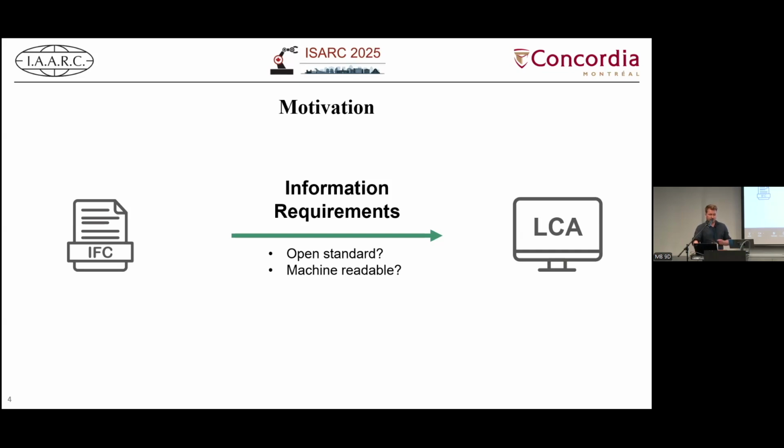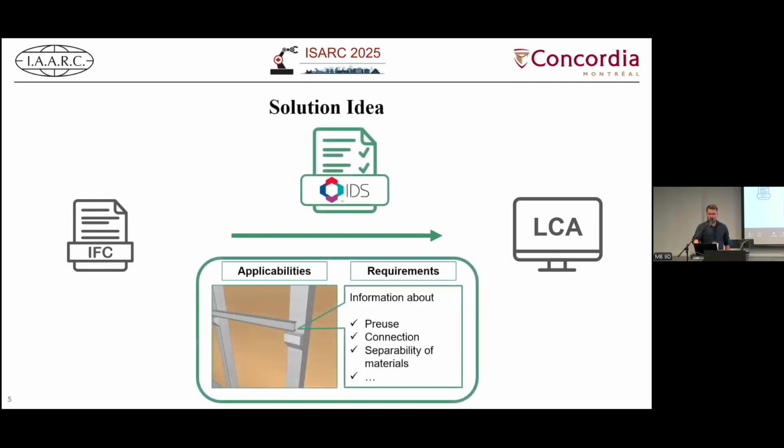And these information requirements should be in an open standard and should be machine readable. When thinking about information requirements, there's a pretty obvious solution for that: the IDS standard by buildingSMART.